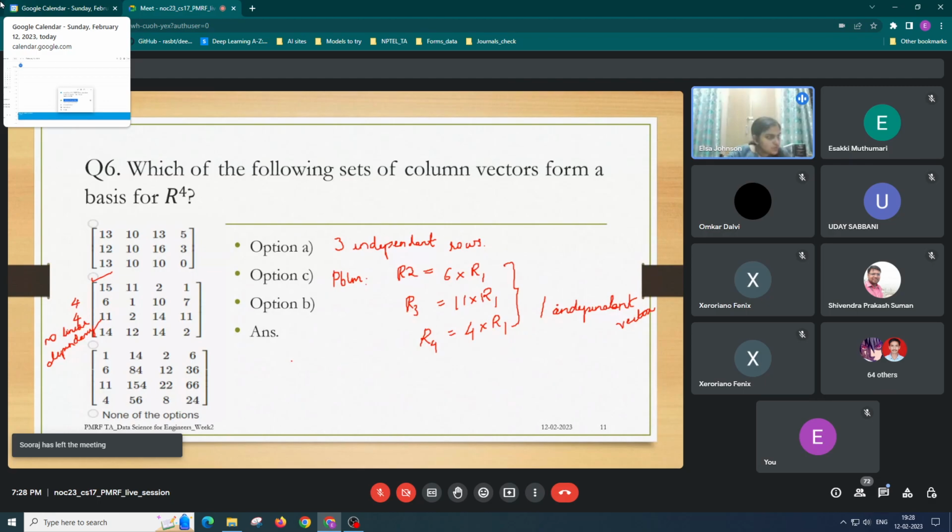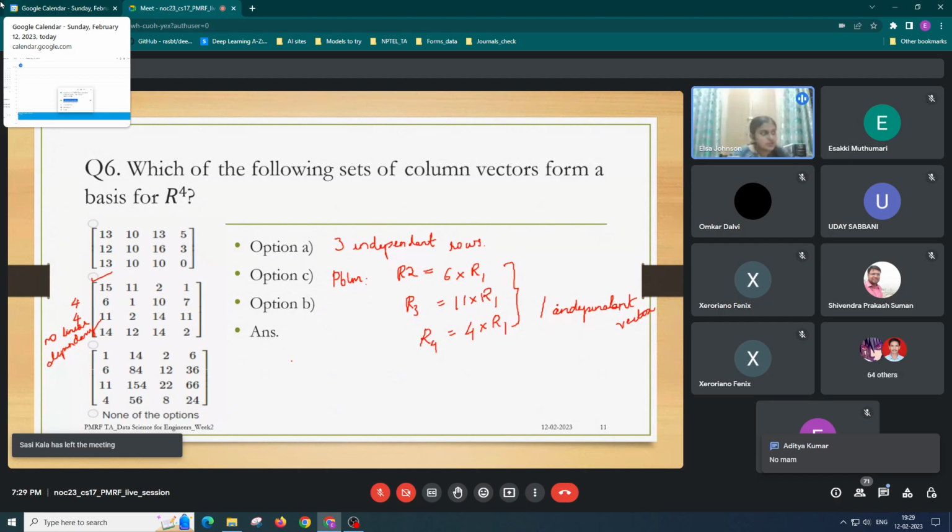Is R4 like 2R2 plus 1? With any vectors, is there any dependency? Does it have any relationship with any other vector, Aditya? It's not like 2R2 plus 1R1.